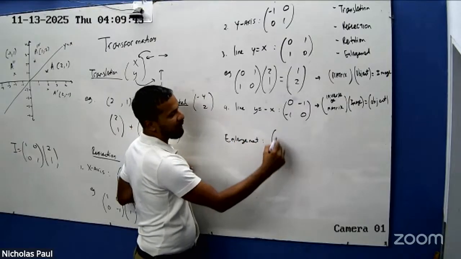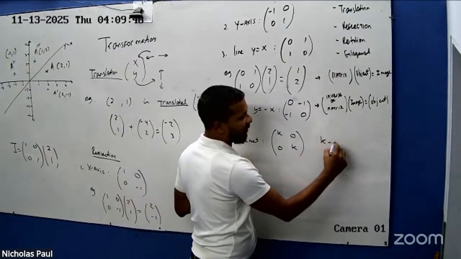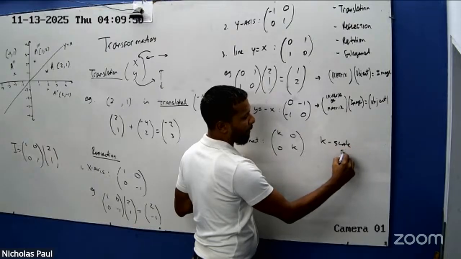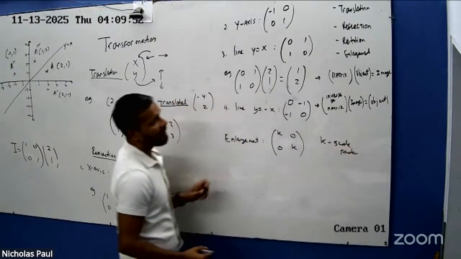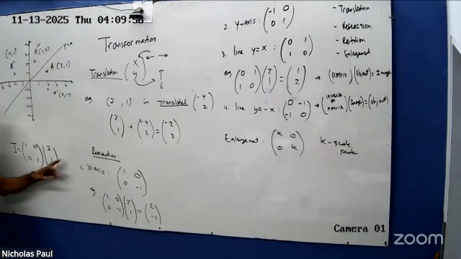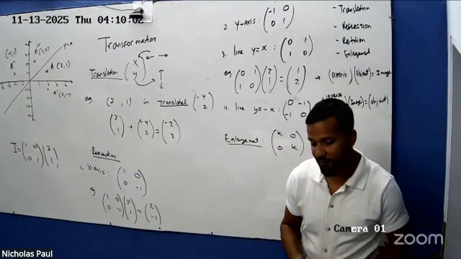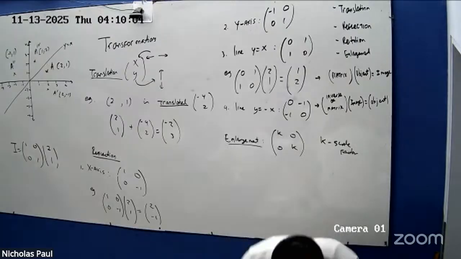Enlargement is simple: it is k, 0, 0, k, where k is the scale factor. So these are kind of simple. The rotation is kind of tricky. So reflection, enlargement, and I'm going to give you translation, rotation now.